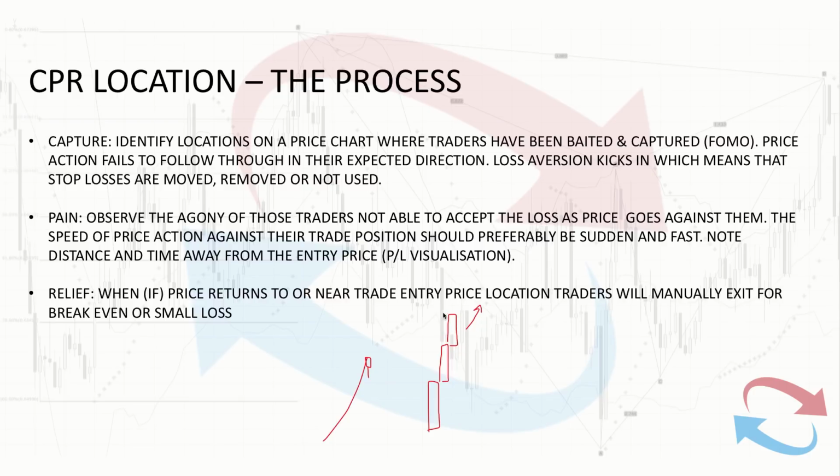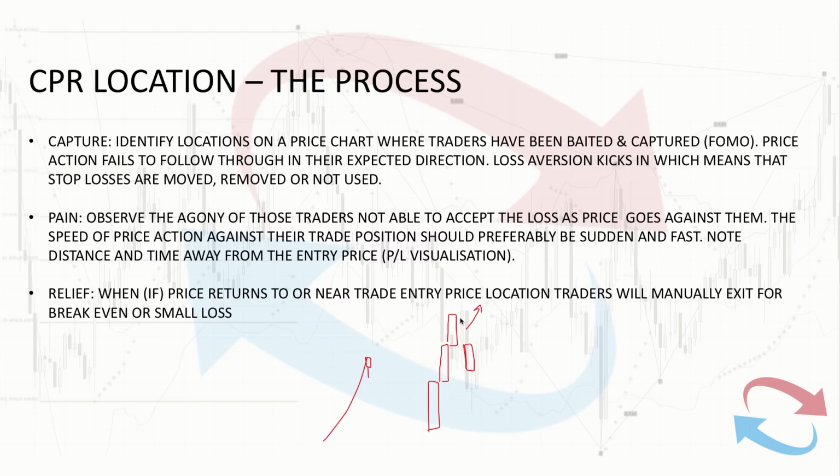the upside, right? So we know they've committed capital around here. We've seen the context. We've seen the price action. They've committed capital. And then we want to see price fail to go in their direction. So we want to see price now start to move against them, right?